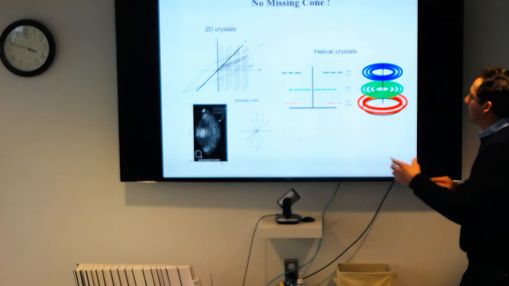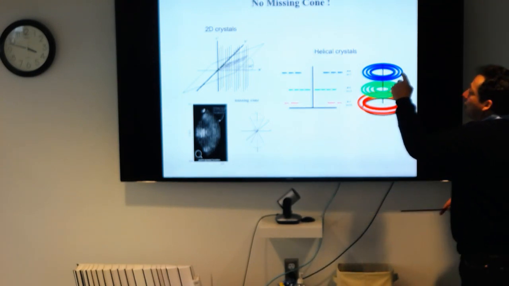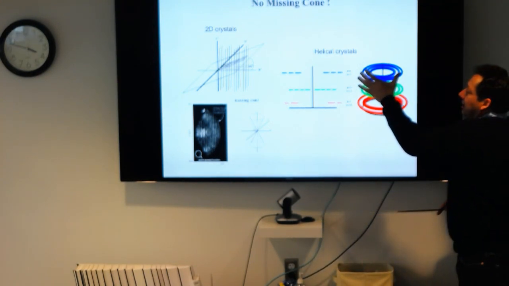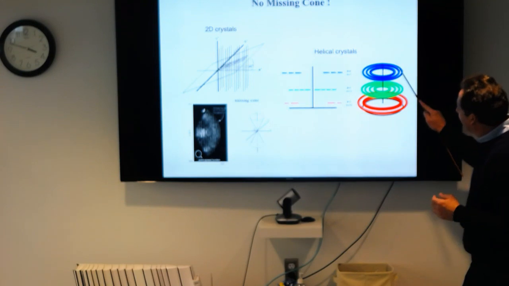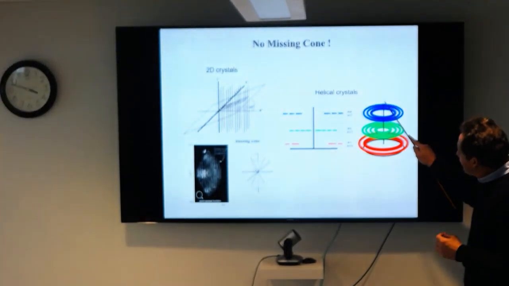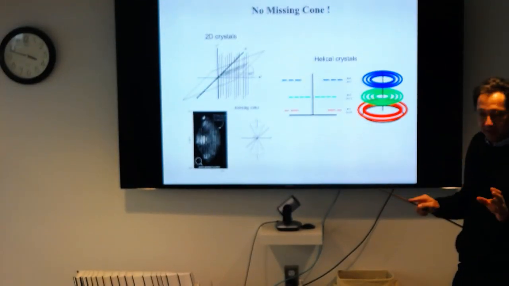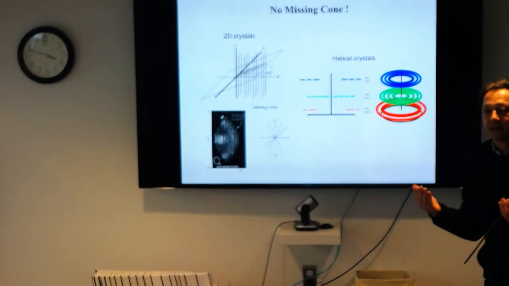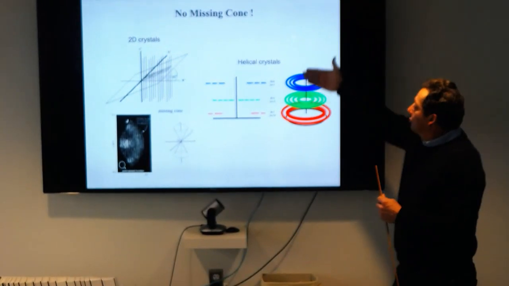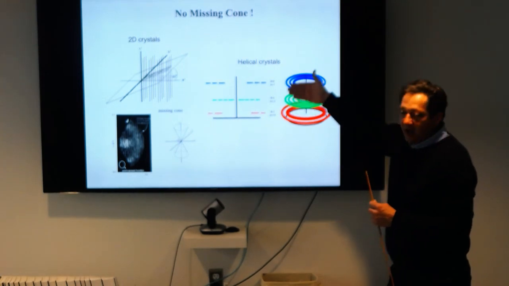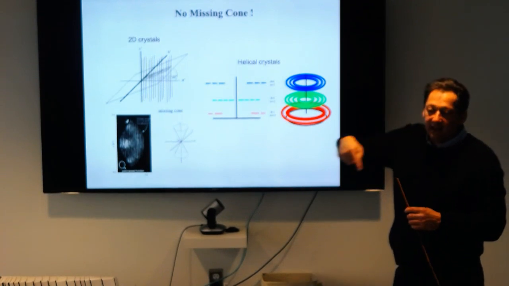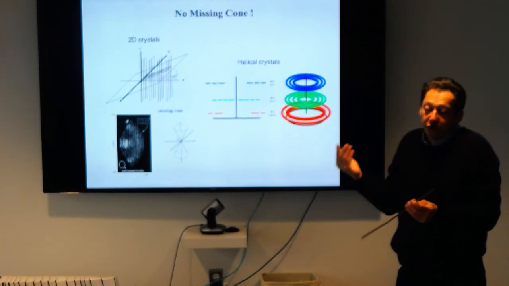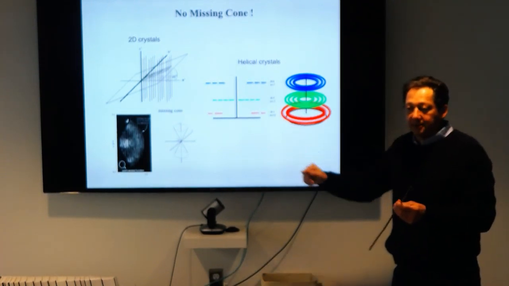There are only two possibilities: the phase difference is either 0, in phase, or 180 degrees apart. And the number of times the phase shifts is completely predictable. That's why you can get a three-dimensional reconstruction: you get one single diffraction pattern, you know the intensities in Fourier space, and you also know the phases because they are predictable.